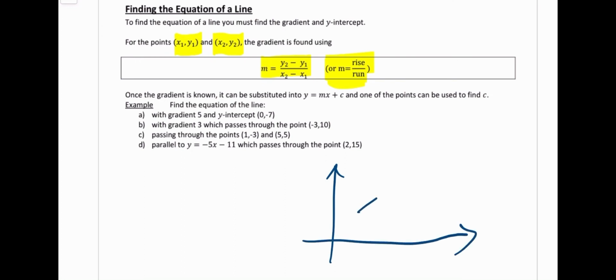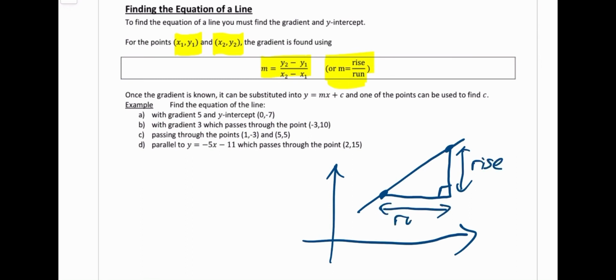So if you imagine you've got 2 points, you can find the gradient of this line by creating a little right angle triangle. It is this vertical change, the rise, over this horizontal change, which is the run. And this one would have a positive gradient.